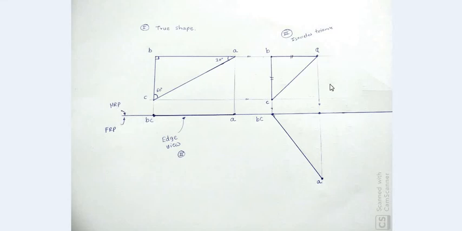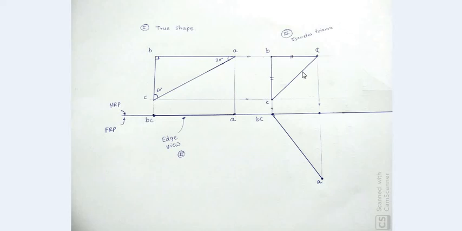And this is the third complication, that is, we are going to complete condition with respect to HRP by constructing new HRP at the side of front view. In all our earlier problems, finally we were completing condition with respect to FRP, so we had constructed FRP on this side, but in this problem finally we will be completing condition with respect to HRP, so we have to construct HRP in the form of reference line at this side, that is at the side of front view.